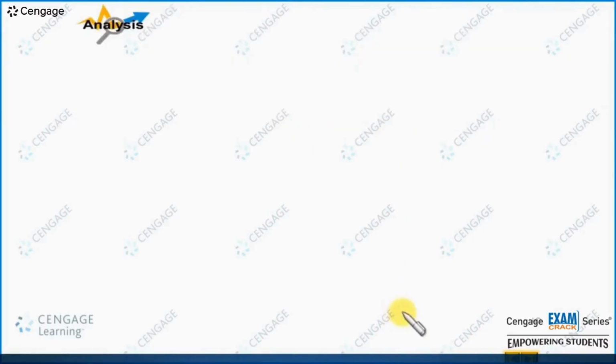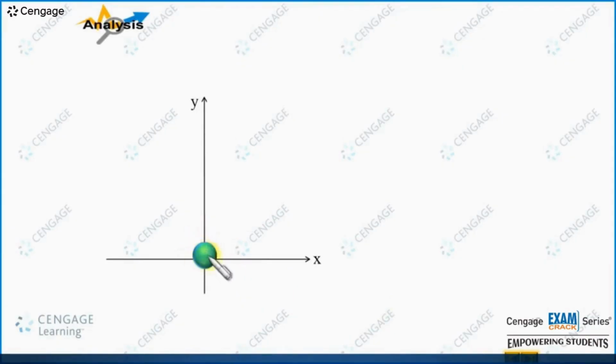So let us make the diagram of the situation. This is the body, right? Initially it is at rest. Now it explodes into 3 parts, and 2 parts start moving perpendicular to each other, having equal mass and equal velocity magnitude. This is part number 1. It is moving along the x direction, and this is part number 2.